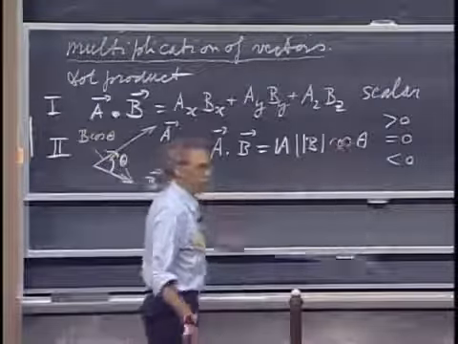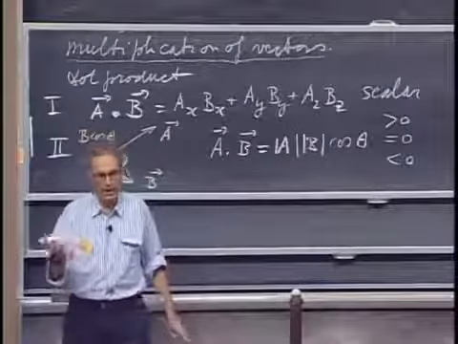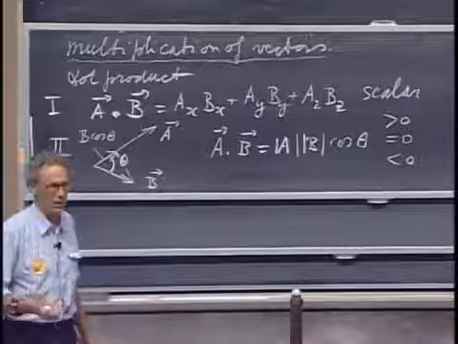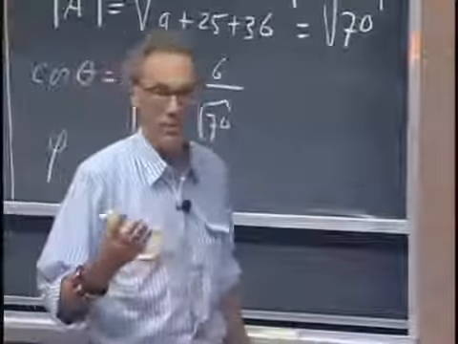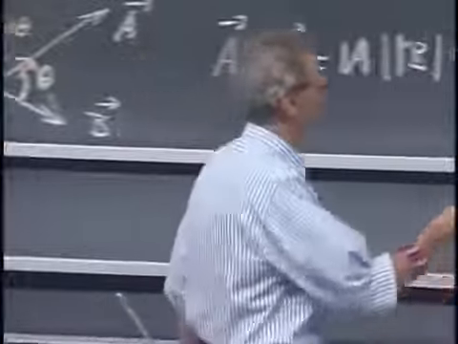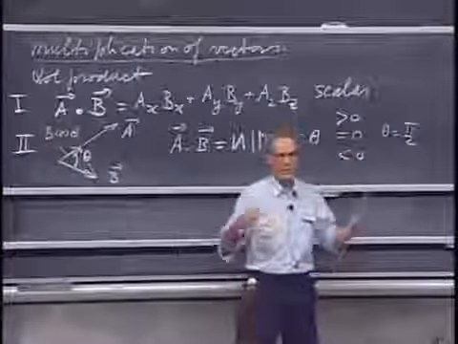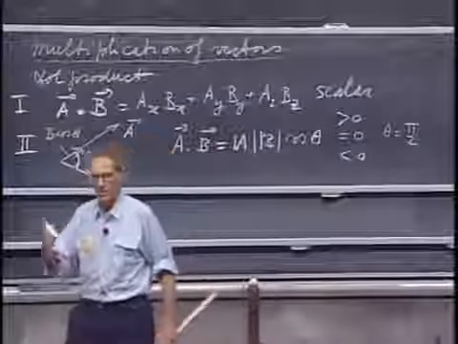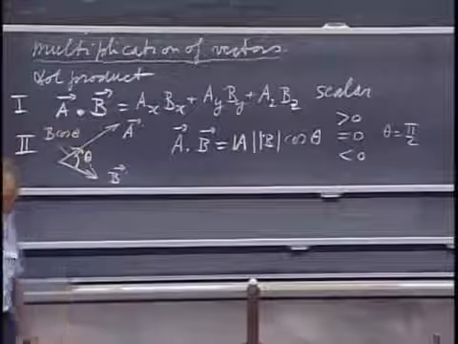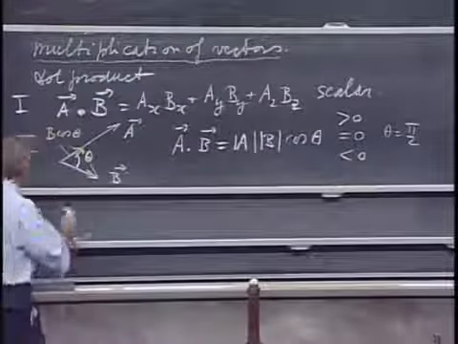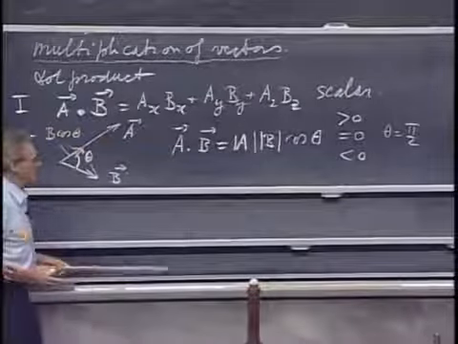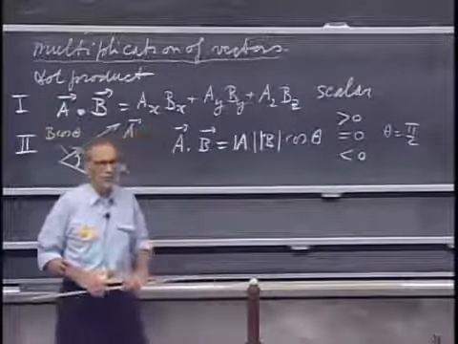But so it's determined by the cosine of theta. If the cosine of theta is larger than 0, well, then it's larger than 0. The cosine of theta can be 0. If the angle theta is pi over 2, in other words, if the two vectors are perpendicular to each other, then the dot product is 0. And if this angle theta is between 90 degrees and 180 degrees, then the cosine is negative.